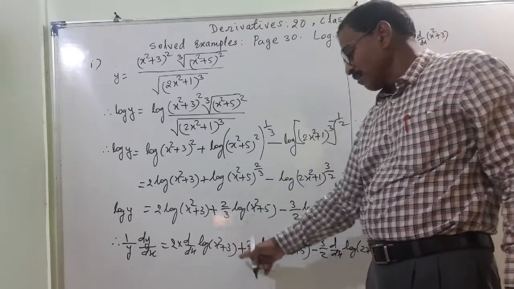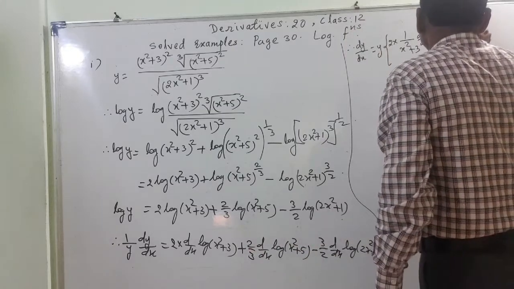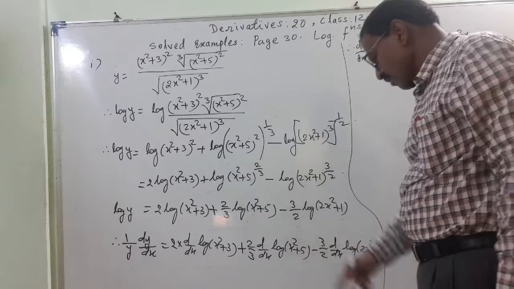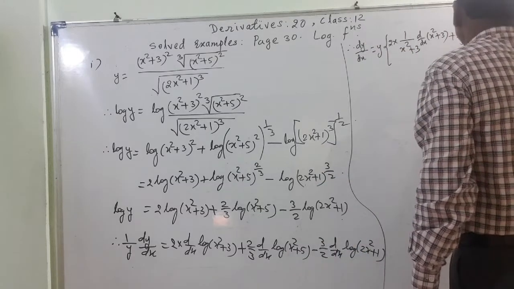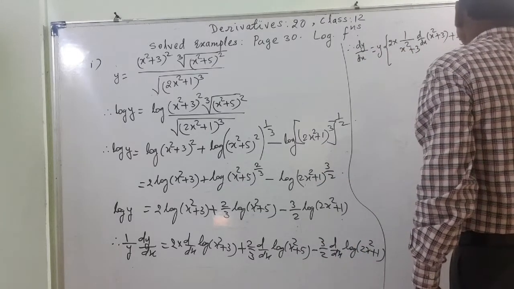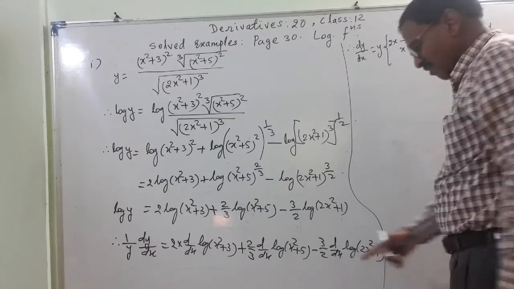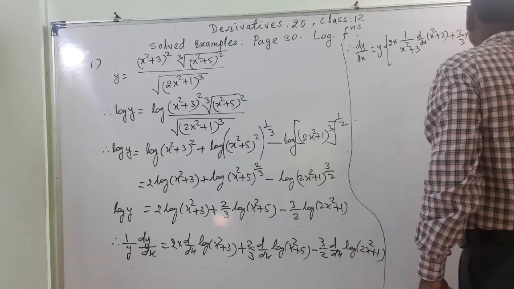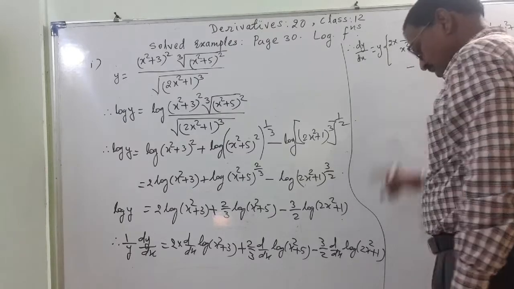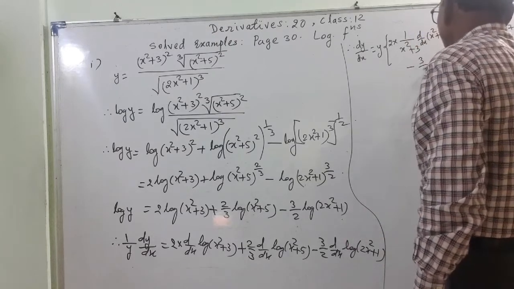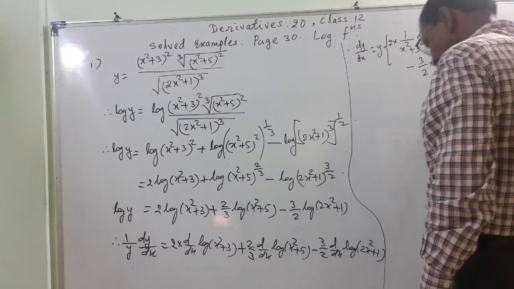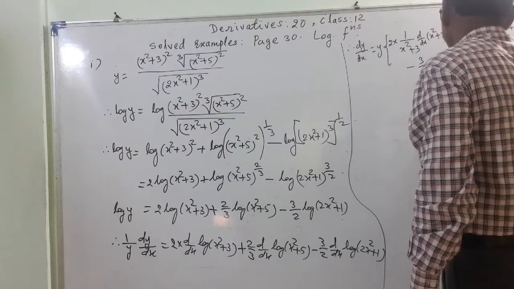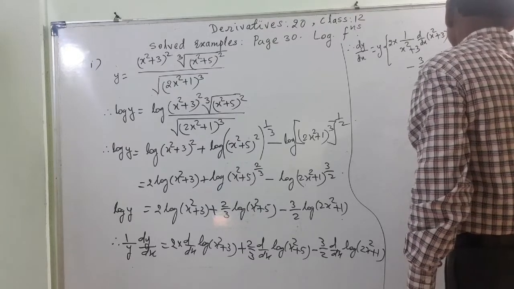Plus 2 upon 3 into, this is log, so it will become 1 upon (x square plus 5) into d by dx of x square plus 5, minus, this is 3 upon 2 into 1 upon (2x square plus 1) into d by dx of (2x square plus 1).